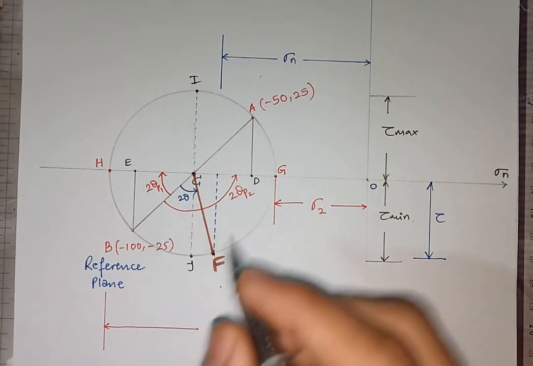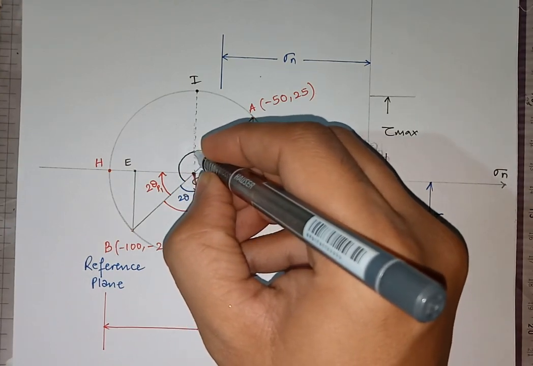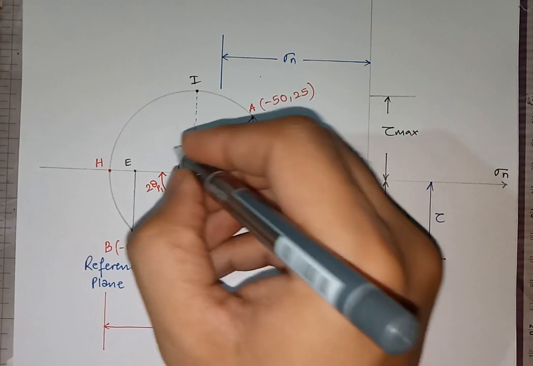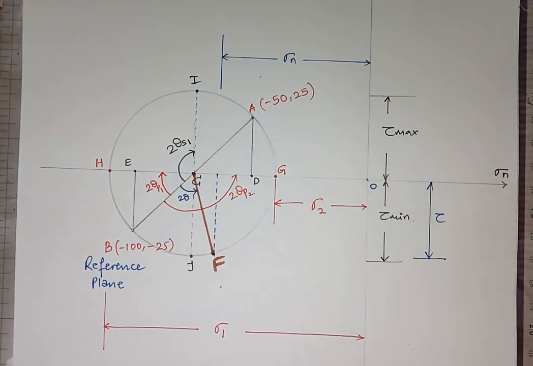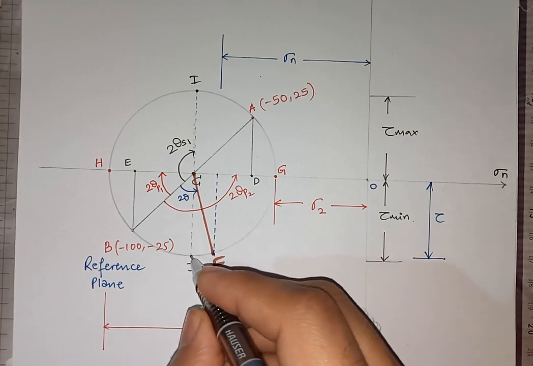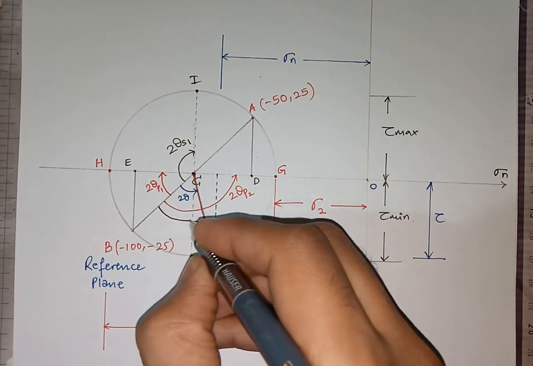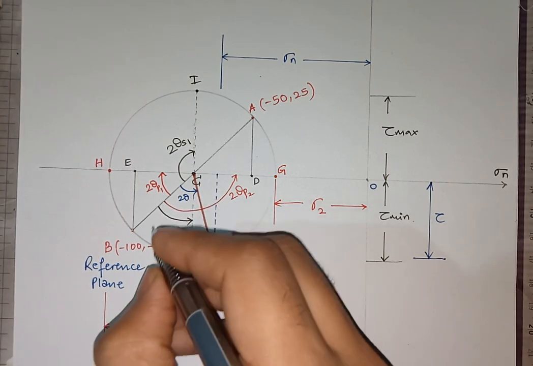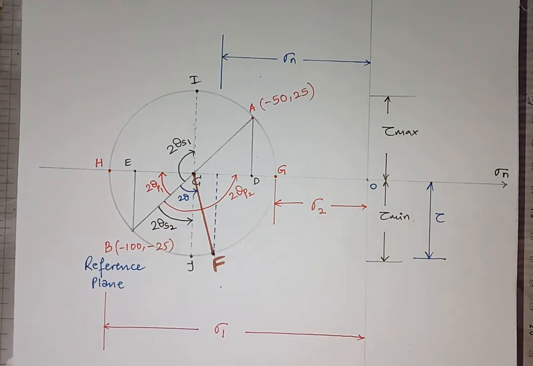From the reference plane, this angle is 2 theta S1, maximum shear stress plane angle, and this value in this direction is 2 theta S2, right?